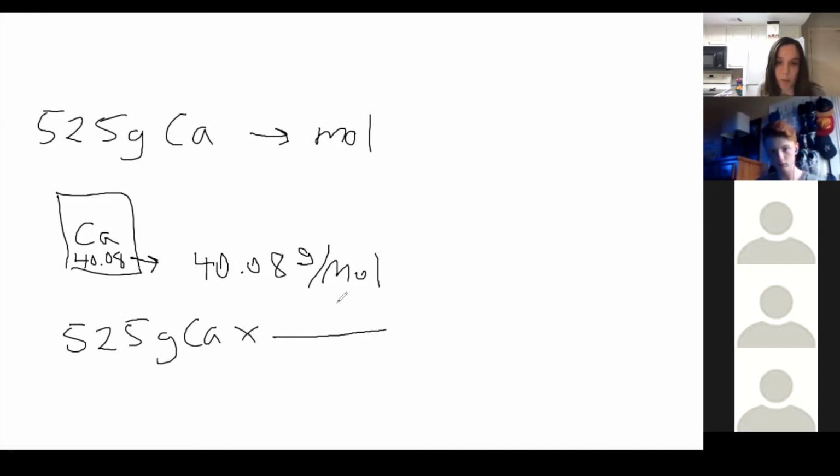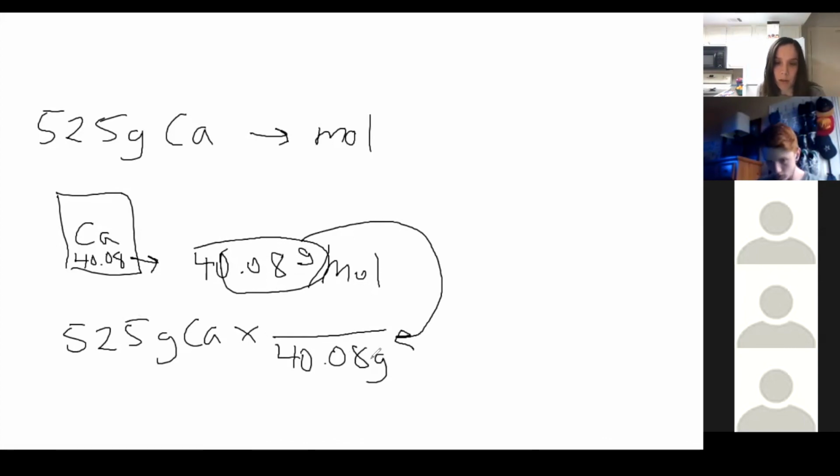We'll use the unit multiplier, but it's going to be the reverse of what we did before. So we want to cancel out grams, so we need grams in the denominator. So we're going to take this and put it in the denominator. The grams will cancel out, with 1 mole in the numerator.